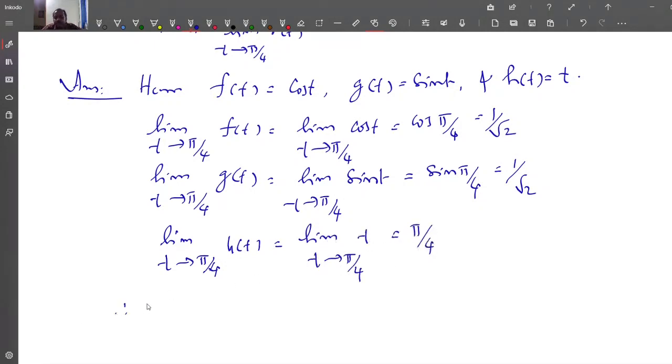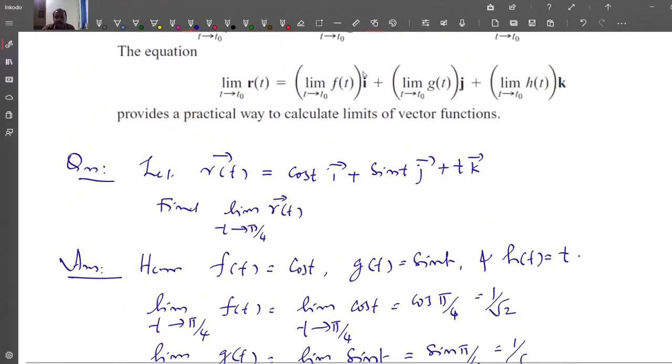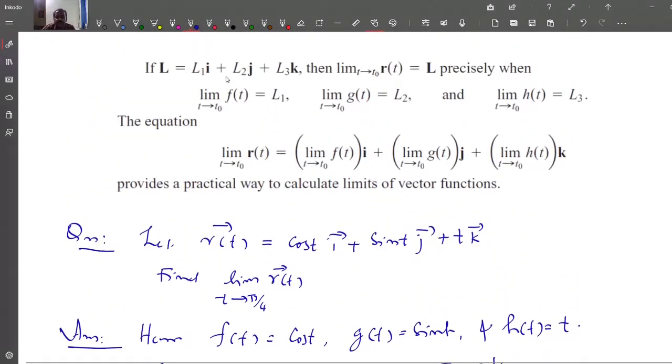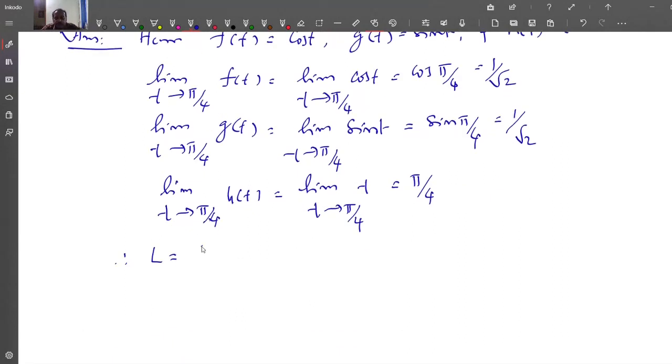Therefore, using this definition, L = 1/√2 i + 1/√2 j + π/4 k.